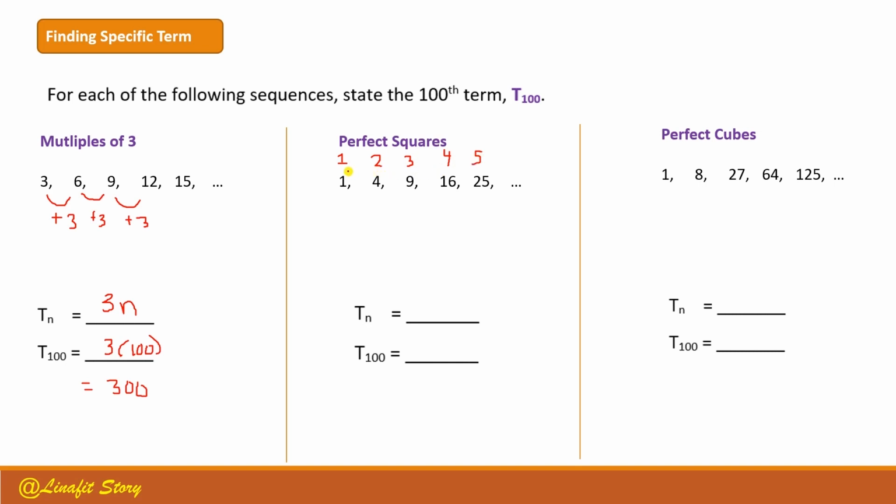So you can see here they are squares. 1 squared is 1. 2 squared is 4. 3 squared is 9. 4 squared is 16. 5 squared is 25. So the general term is Cn is equal to n squared. So the 100th term is 100 squared, which is equal to 10,000.